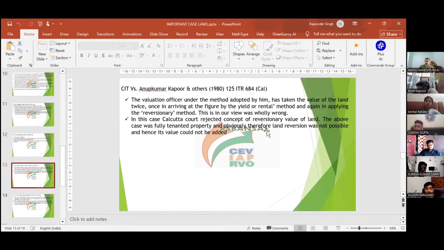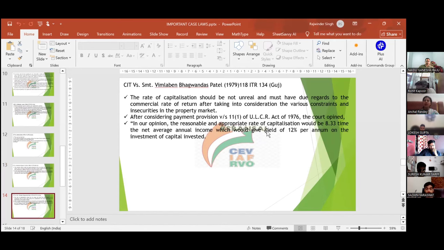When you calculate the value of the property by rent capitalization by applying appropriate years purchase, it includes the value of the land and structure. So in this case, the Calcutta court rejected the concept of reversionary value of the land. The above case was fully tenanted property and obviously therefore land reversion was not possible and hence its value cannot be added. And next one is CIT versus Bimla Van Bhagwan Das Patel.